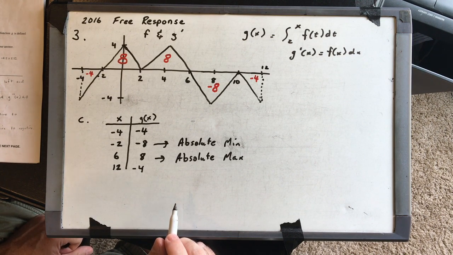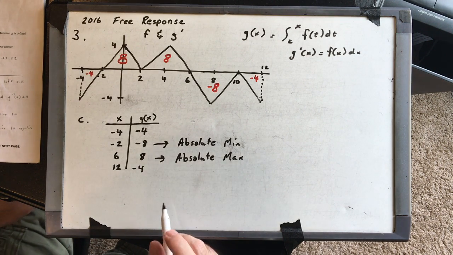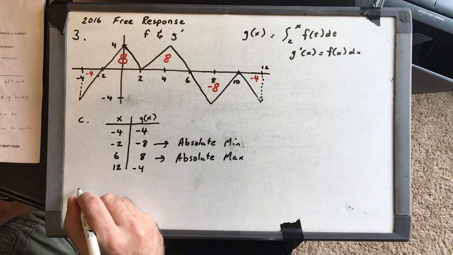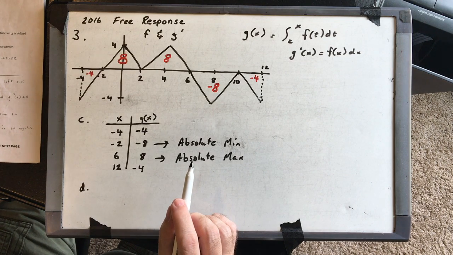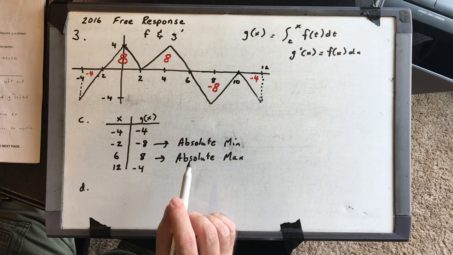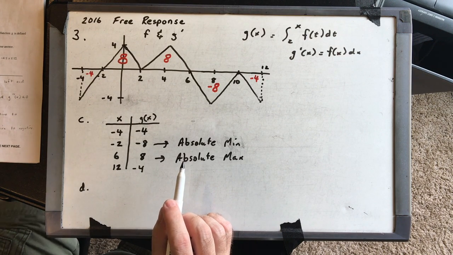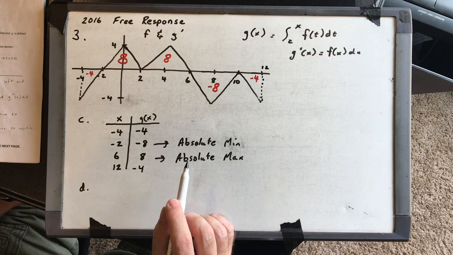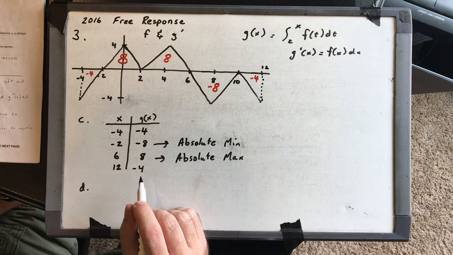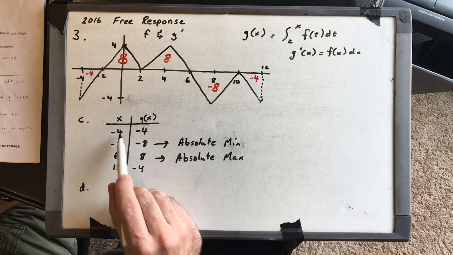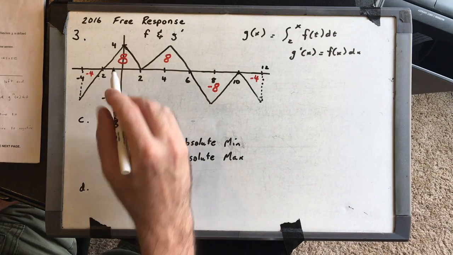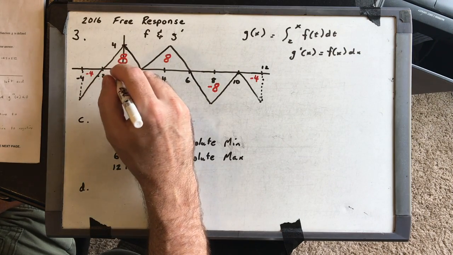Okay, so we need to take a look at part D. It asks us, where is g of x less than 0? We see that we're starting at negative 4, and then by the time we get to negative 2, we subtract 4 more.